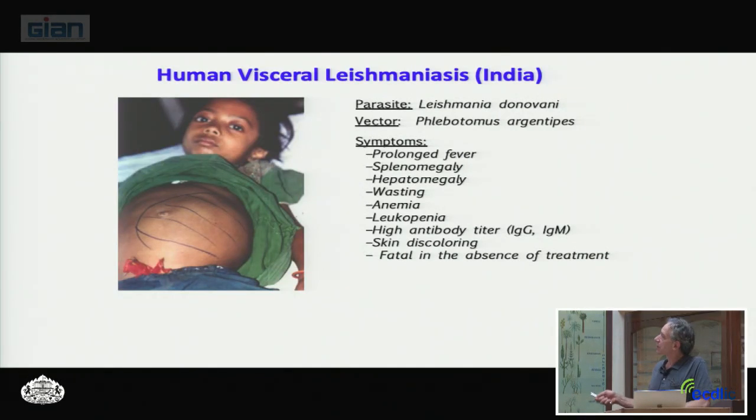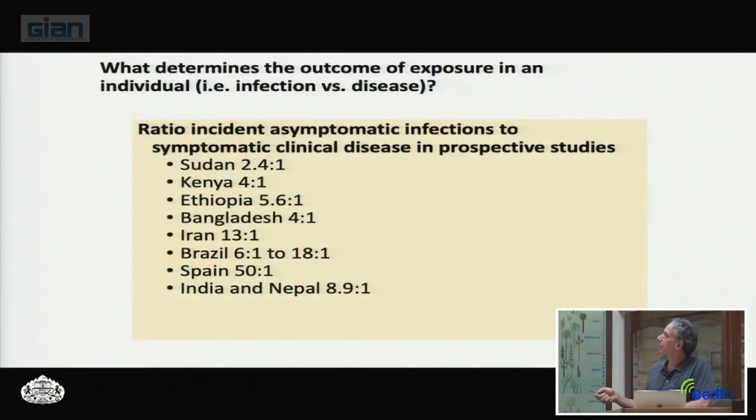Okay, so this is the disease in India. We've gone through clinically what this disease looks like, and we've also made the point that in India, as in the majority of endemic zones for visceral leishmaniasis, the majority of exposures to this parasite are asymptomatic.